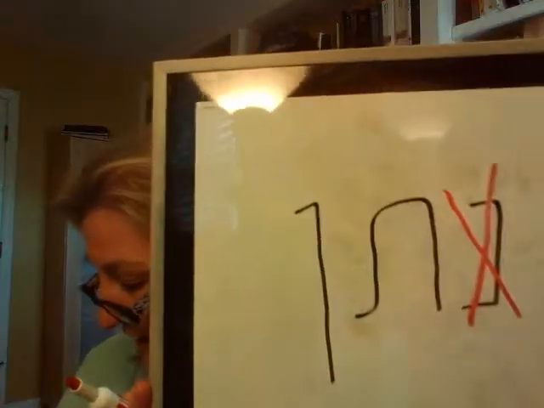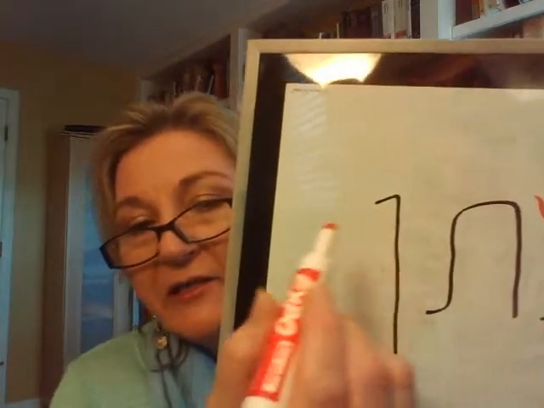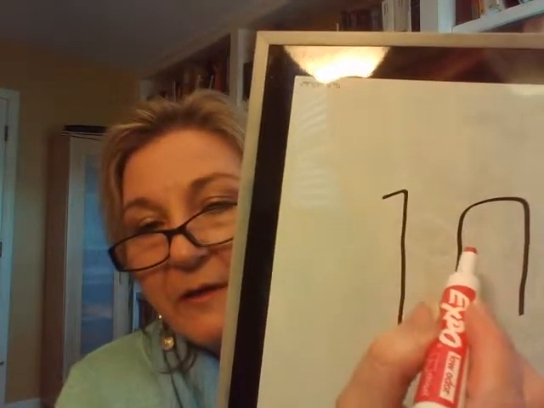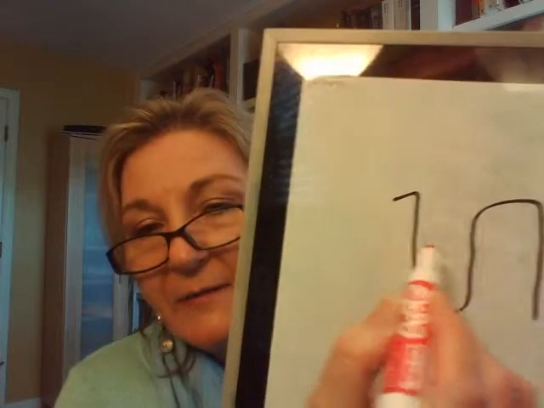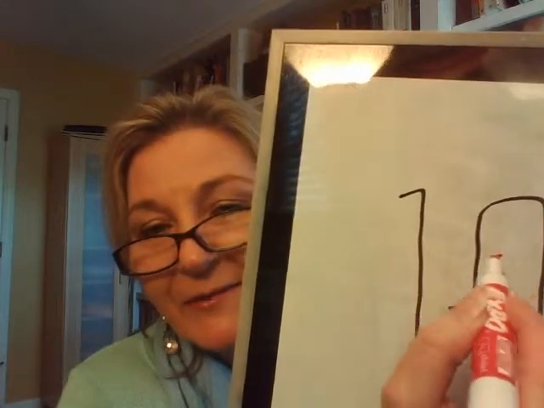Let me get my red pen going here. The first nun drops out, and then what you have left is tan. You're going to get a dagesh forte here in the tav. See, I'm having to go backwards. That's really weird. There we go.